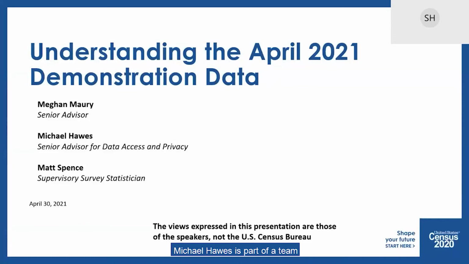Michael Hawes is part of a team that works on building the 2020 Disclosure Avoidance System. His role has been to take in user feedback and make sure it's well reflected in how the algorithm is built. I'm also joined by Matt Spence, who hopefully we will have on video in a moment. Matt's part of our population division.